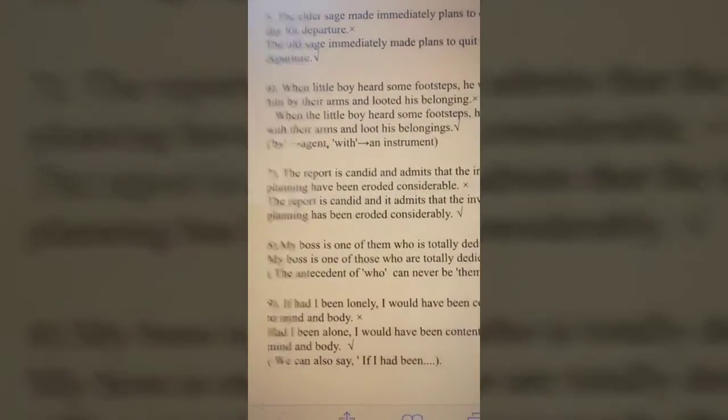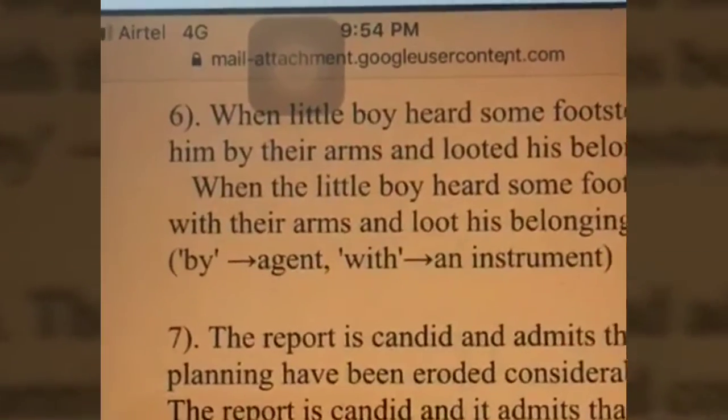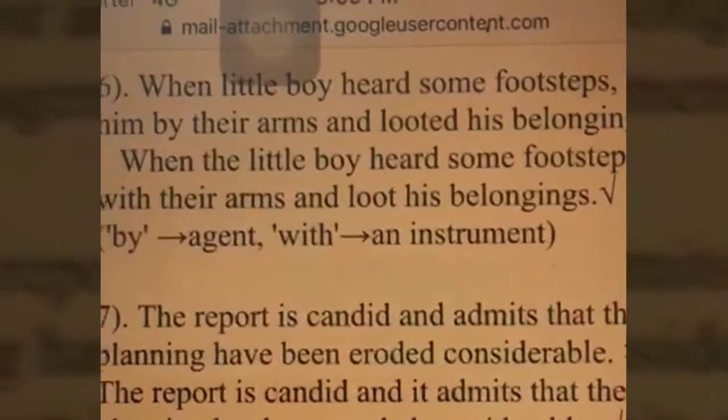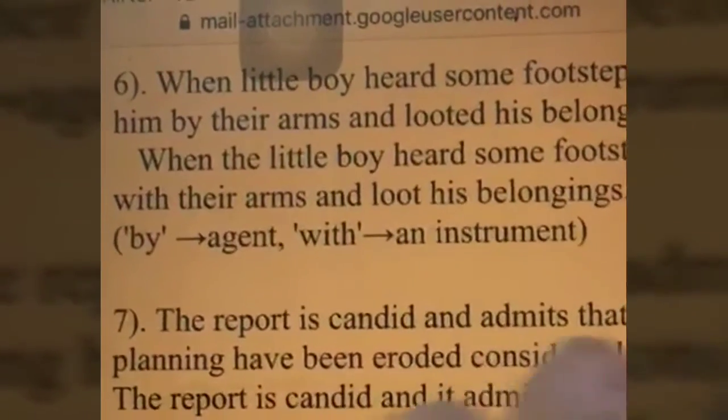Got it? Next, "The report is candid and admits that the investment by the government in health and planning have been eroded considerable." Okay, what is wrong here? "The report is candid." That is correct, right? "And admits that." Now we have a conjunction "and," so we have to use the same structure before and after "and." So here it says the report is candid and it admits.